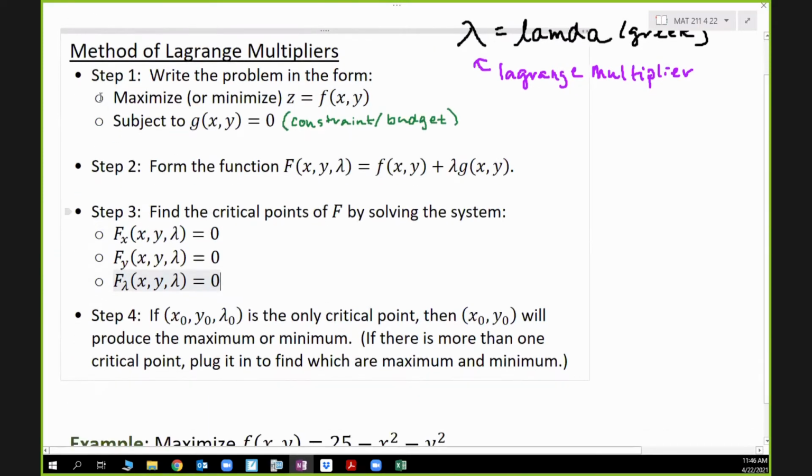So let's actually look at a problem. I'm going to start to copy and paste these steps.